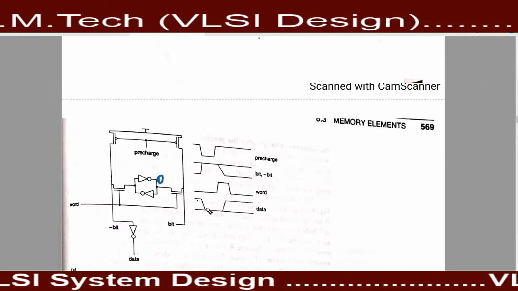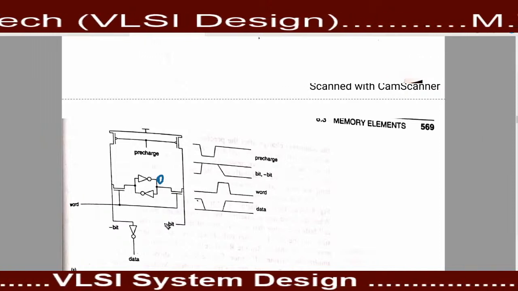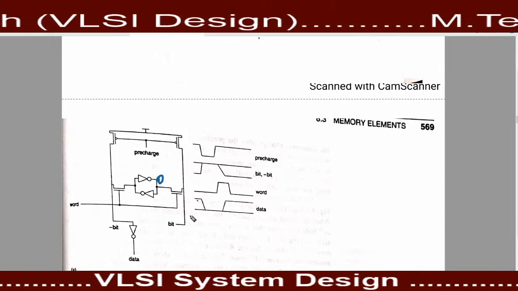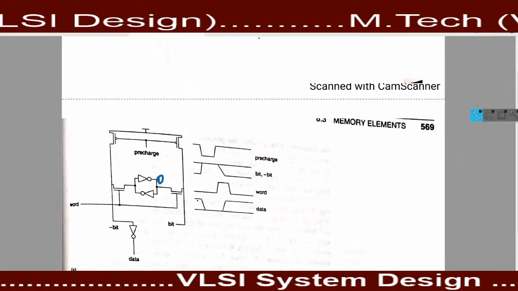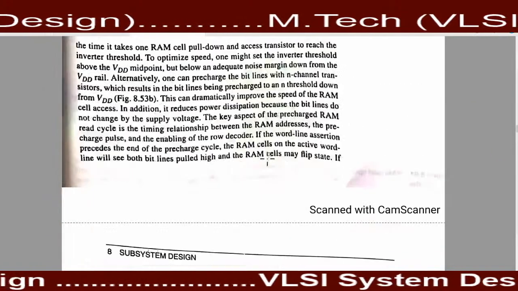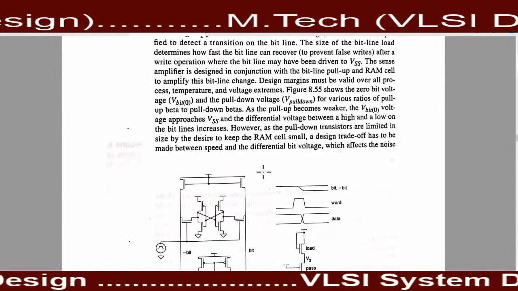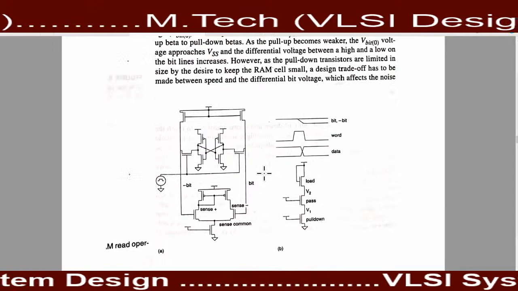We can change this 1 to 0. If we change this 1 to 0, it means that we can write the data in this memory cell. So these are all about the reading operation and writing operation of SRAM.